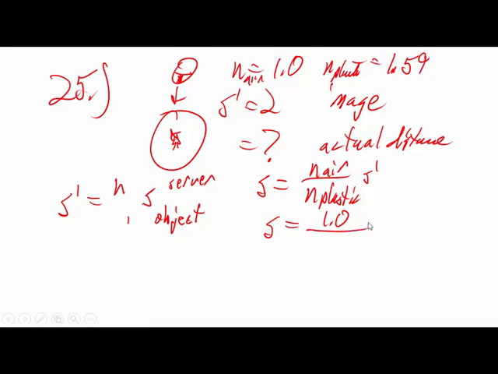Let's plug everything in. We've got 1 over 1.59 times 2 centimeters. By the way, we can leave it in centimeters. We do not have to convert to meters because the index of refraction is unitless, so the ratio will be the same regardless of whether it's meters, centimeters, inches, feet, whatever.